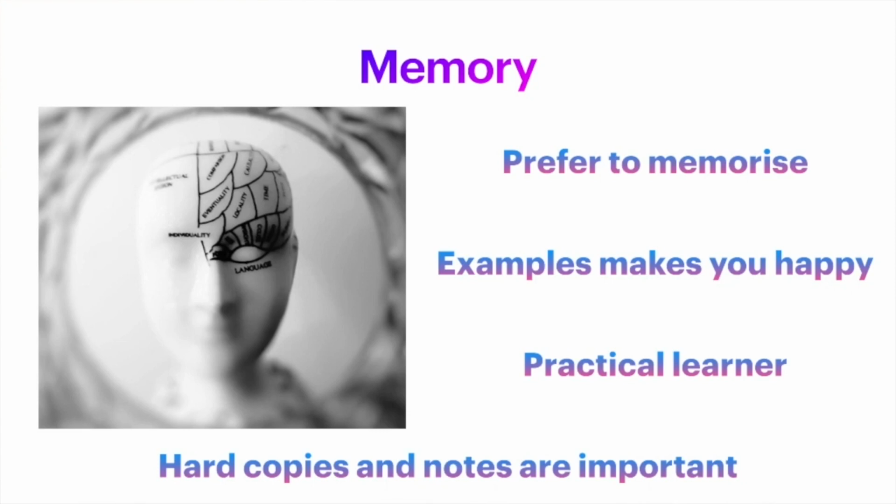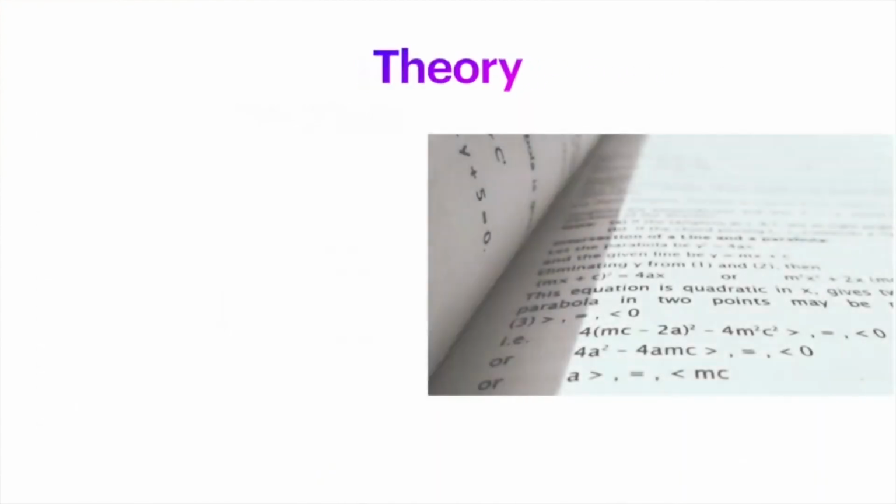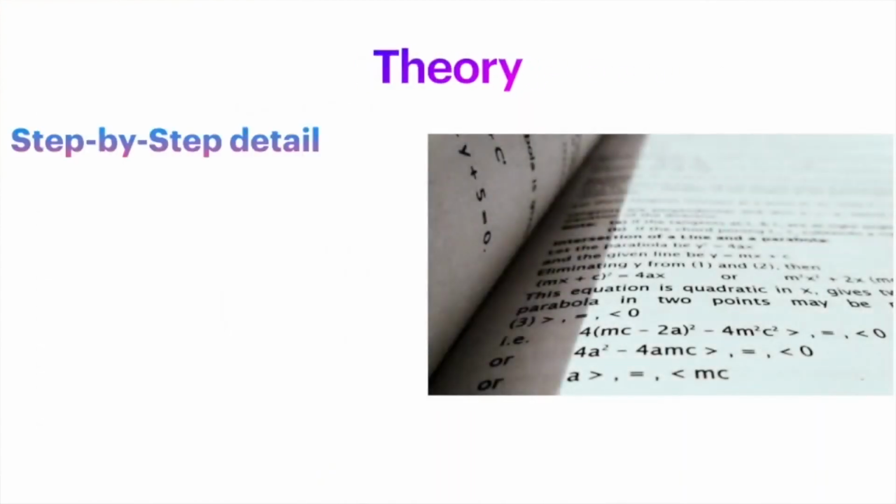When you look at theory, you normally study it according to step-by-step detail that you memorize. You have your subheading with the sentences underneath. When you study your theory like that, you are memorizing it.